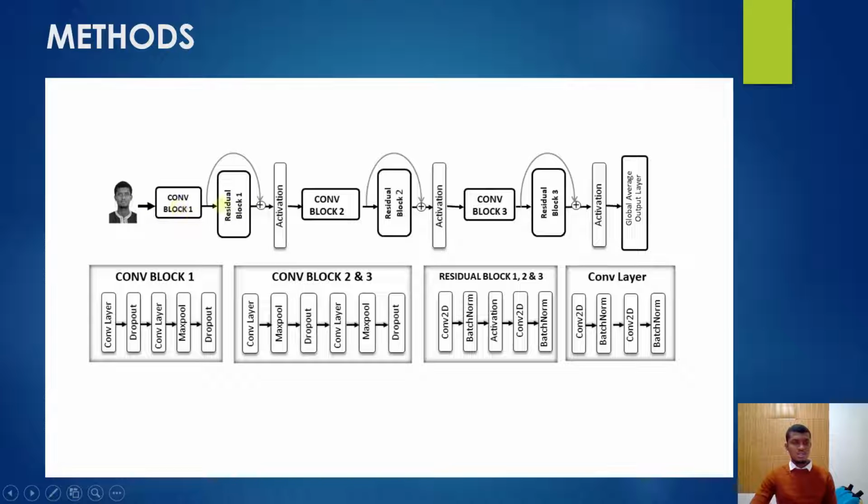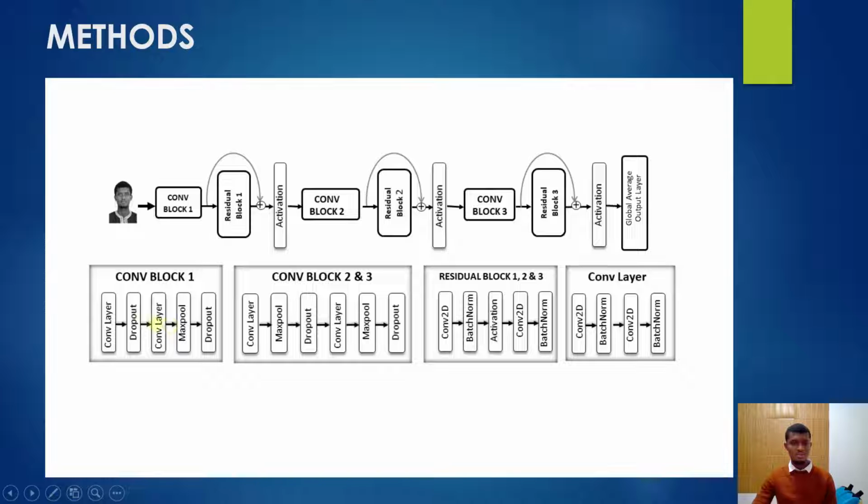So the architecture is as follows. First of all, we have a convolutional block that is a stack of conv layer, dropout, conv layer, max pool, and dropout. And the conv layer is formed with 2 convolutional layers and 2 batch normalization layers. And in the residual block, we also have a conv and batch norm, and then the activation after the batch norm.